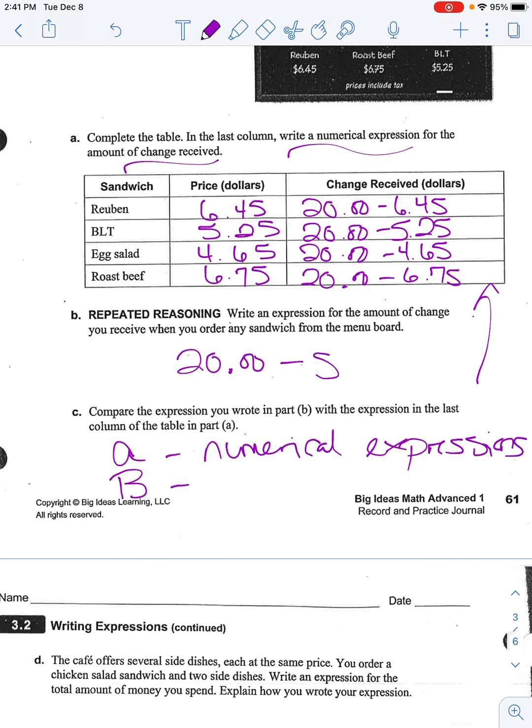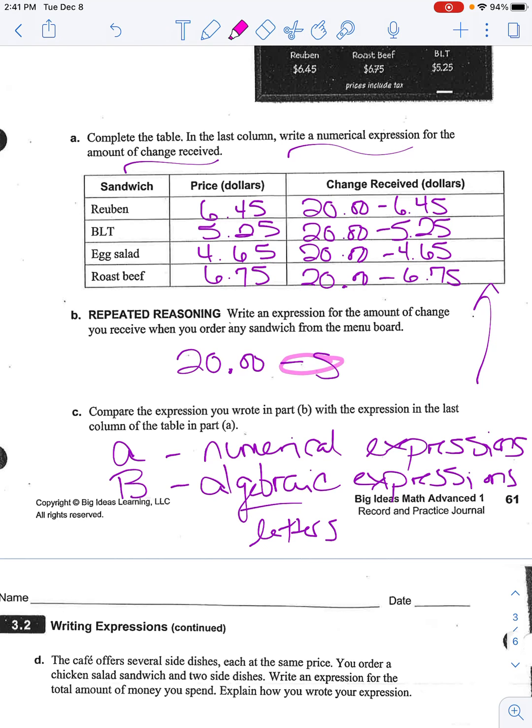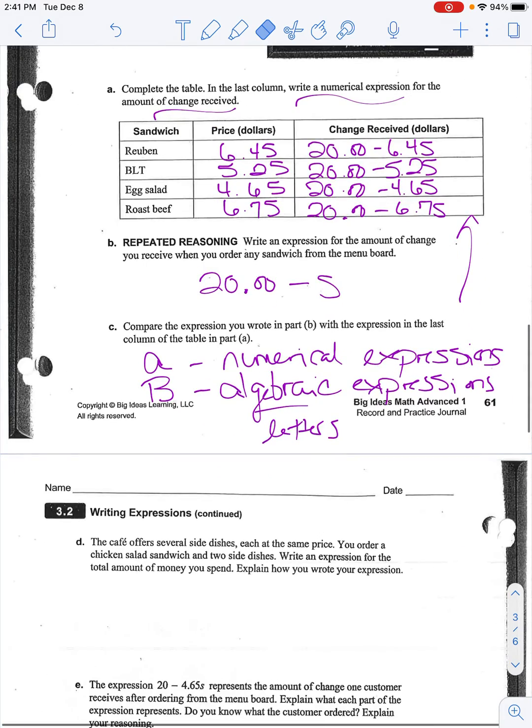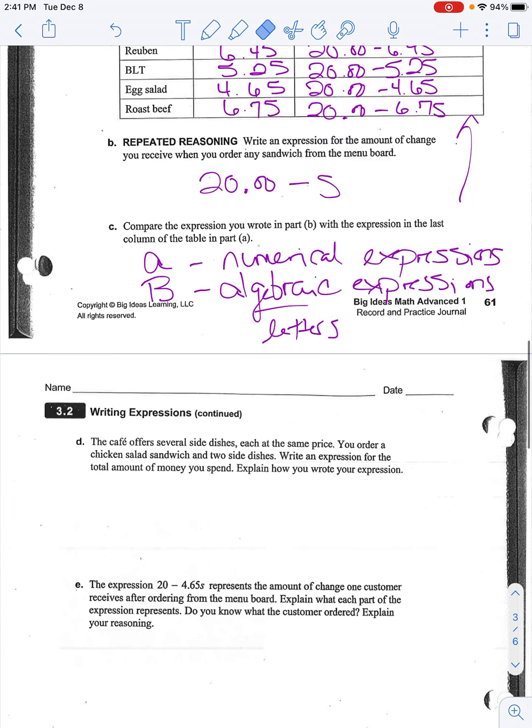In part B, that is an algebraic expression. Algebraic means it may have letters. So numerical expressions, numbers, algebraic expressions have letters. Algebraic has letters, numerical is all numbers.